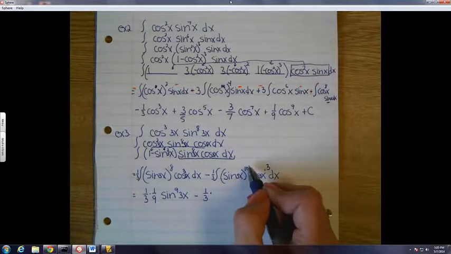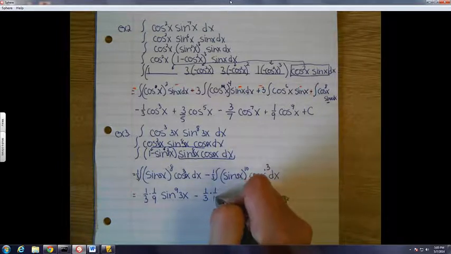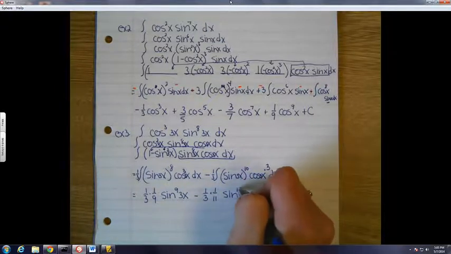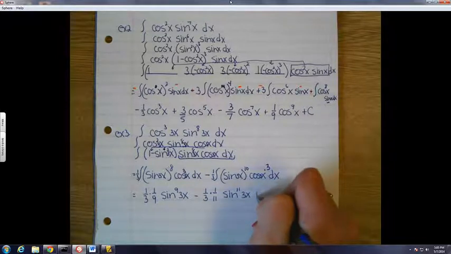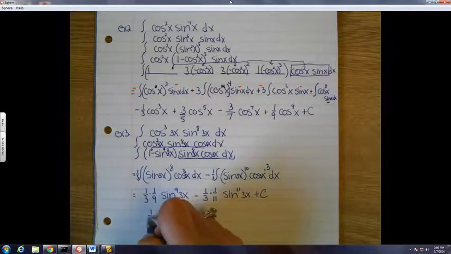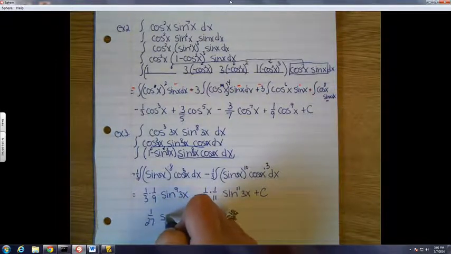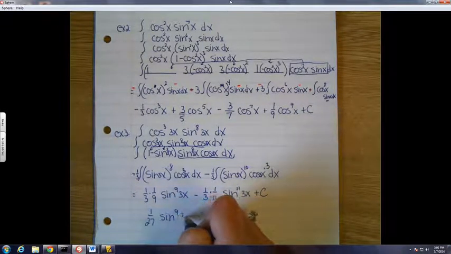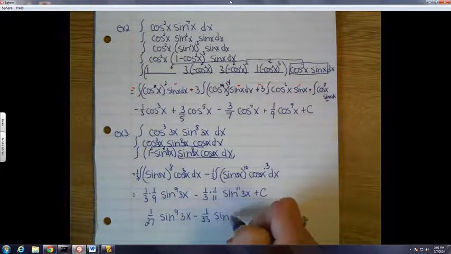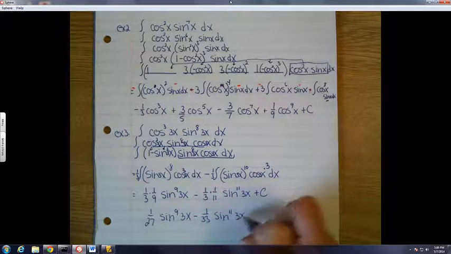That becomes 11, so I need 1/11. So then I just multiply my numerators and denominators. 1/27 sine to the 9th 3x minus 1/33 sine to the 11th 3x plus c.